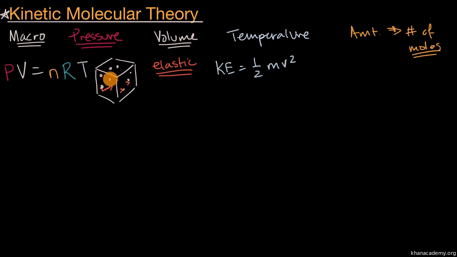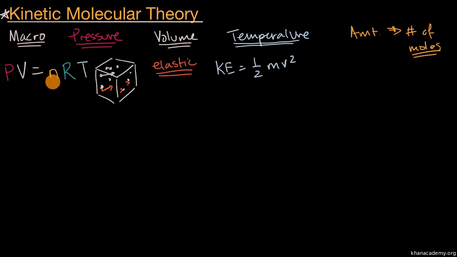So you have all these really small particles. Even their collective volume is small compared to the volume of the container. They're providing the pressure by having these elastic collisions with the side of the container. And temperature is related to the average kinetic energy of these particles. It would be proportional. The higher the temperature, the higher the average kinetic energy. Now, average kinetic energy is really important because some of these particles might be moving faster than others.